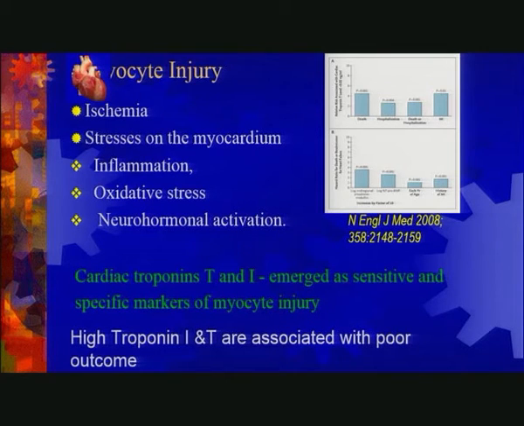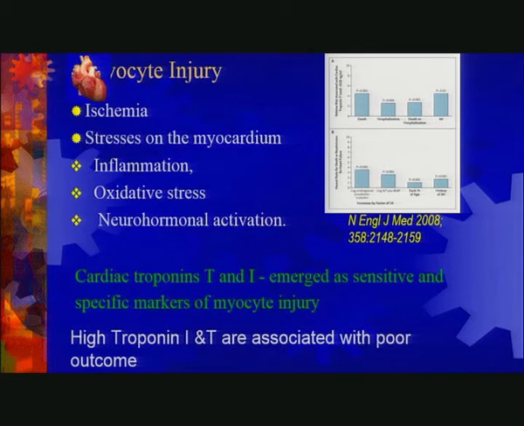When you have loss of cardiomyocytes, they are replaced by fibrosis, meaning increased fibrosis. This will of course affect the function of the ventricles and lead to poor outcome in heart failure, or secondary hypertrophy of the surviving cardiomyocytes. Again, this will lead to poor outcome in heart failure.